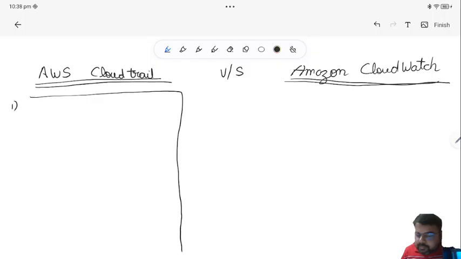So indeed, CloudWatch is a monitoring service for your resources or your applications. But a key difference here is that CloudTrail basically logs your API calls which are happening in your AWS account, whereas Amazon CloudWatch helps in monitoring your application or resources.